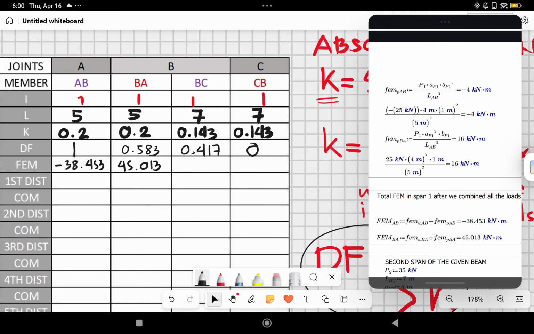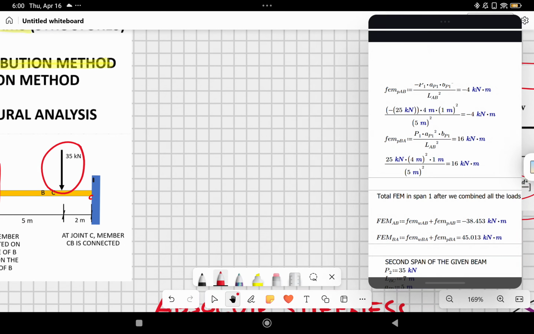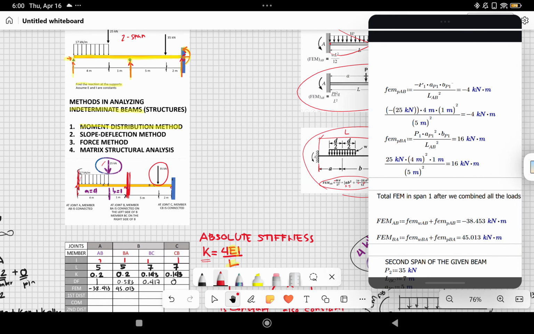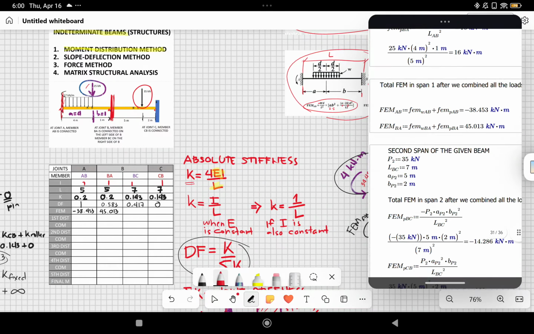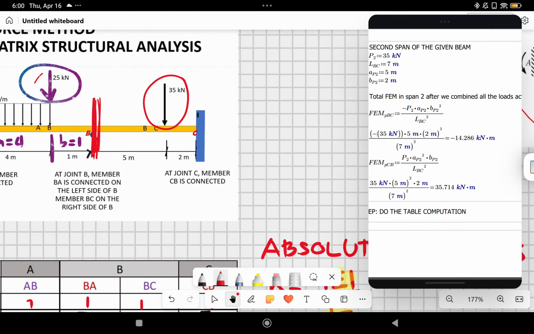And we do the same with member BC and CB. So member BC and CB, okay, isa lang naman yung nag-act, which is 35. So apply lang natin yung formula for the concentrated force. Ito lang. Okay, so kapag na-compute na natin yon, pares lang naman yung process. Titignan mo lang yung A tsaka B pa rin.